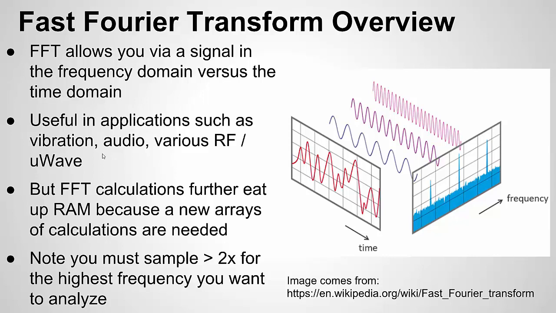So looking at your signal in the frequency domain tells you, are your filters working? Are you getting the frequency components out of there that you want and leaving the ones that you want in there? Also, if you have a very sensitive signal and you notice noise on it, FFTs are great for knowing the source of the noise, because if I know where the frequency range of the noise is, I might know where it's coming from. For instance, I may have a switching power supply in my design and it's switching at a certain rate.